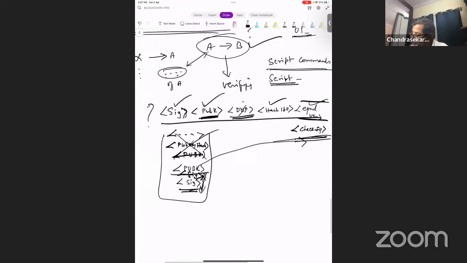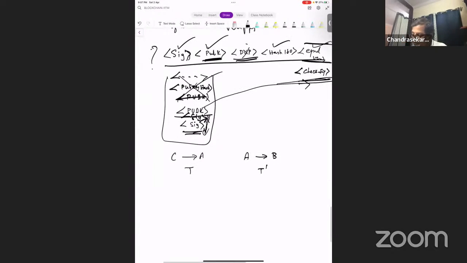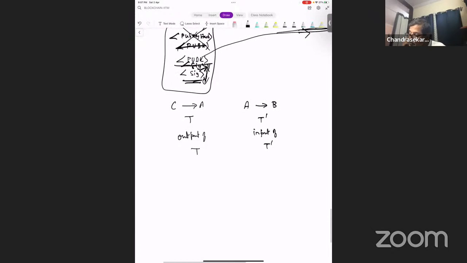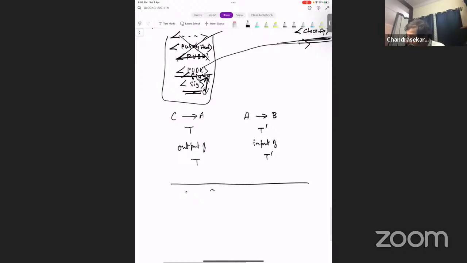So if C giving to A is a transaction T and A giving to B is a transaction T dash, the output of T and the input of T dash will be lined up, and then this operation will be done.